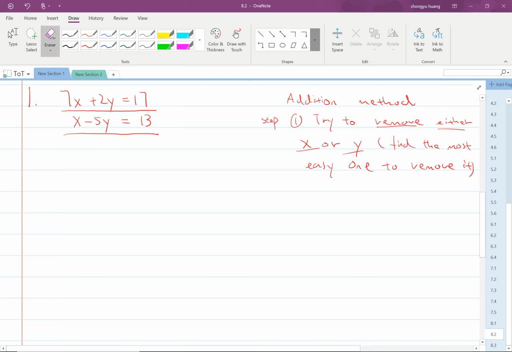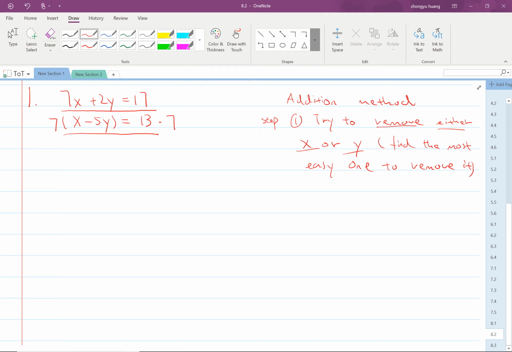Because you can simply multiply the second equation by 7 on both sides, and then the x terms will cancel. That's the meaning of remove.